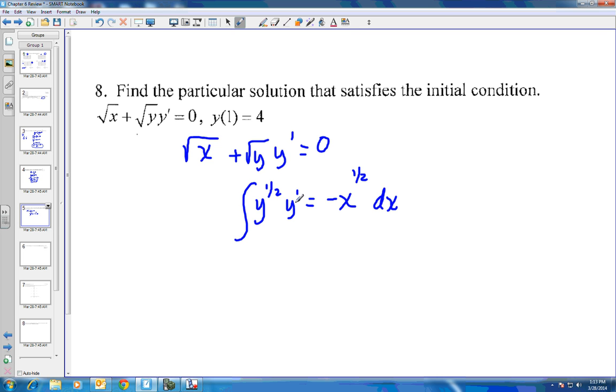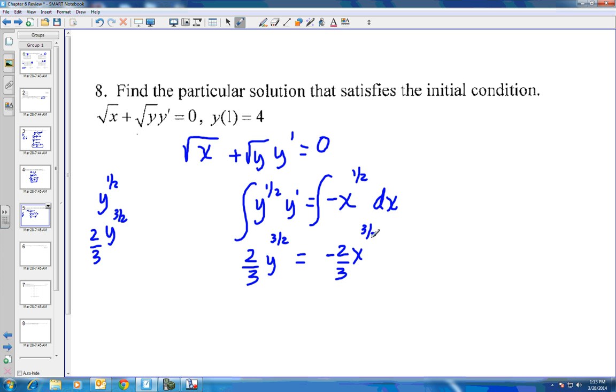So now I'm going to integrate. When I integrate y to the 1/2, I add 1 to the exponent. So 1/2 plus 2/2 is 3/2, times 2/3. So I'm going to get 2/3 y to the 3/2 equals negative 2/3 x to the 3/2 plus c. Okay, so I'm going to go ahead and solve for c.